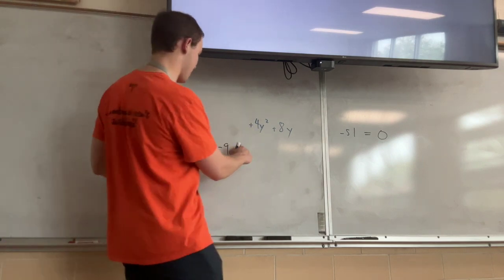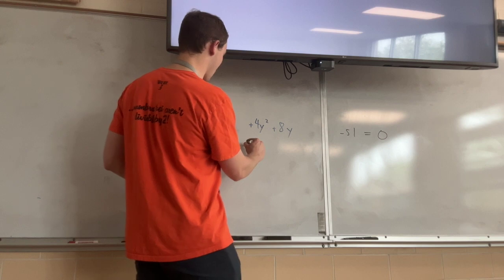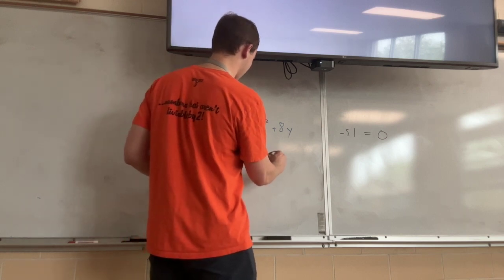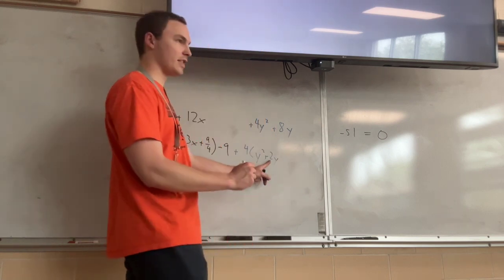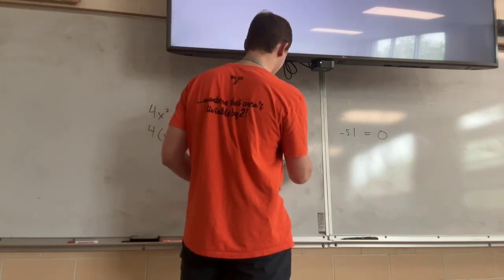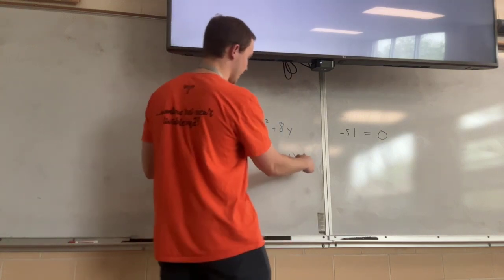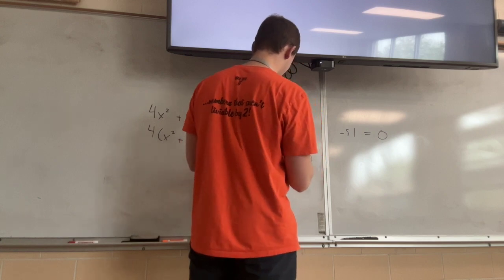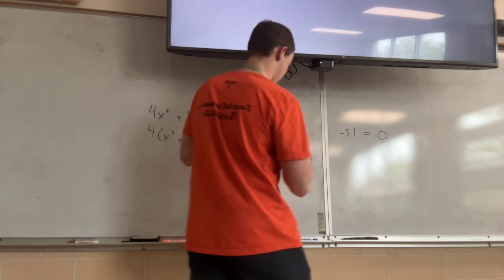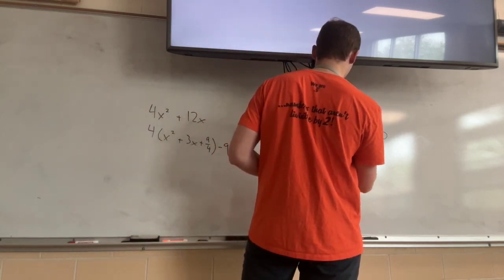Then right here, plus 4 times y squared plus 2y. Divide the 2 by 2 and square it, you get plus 1. 4 times 1 is 4, so I do a minus 4 out here. This is minus 51 equals 0.